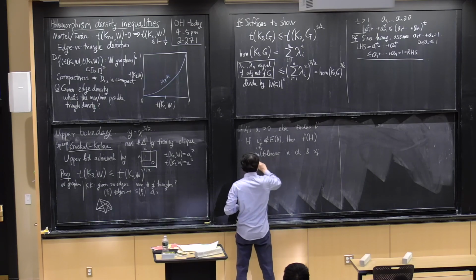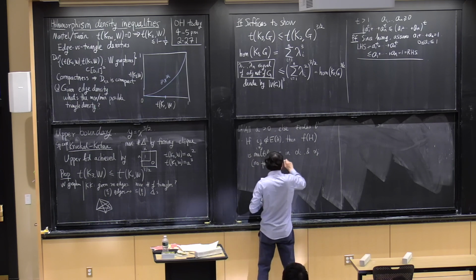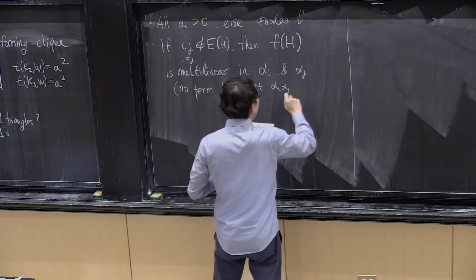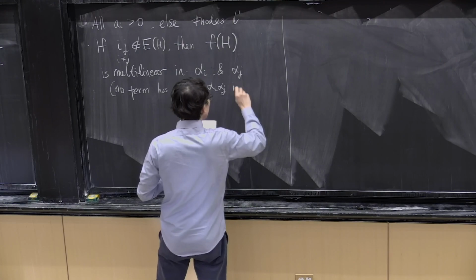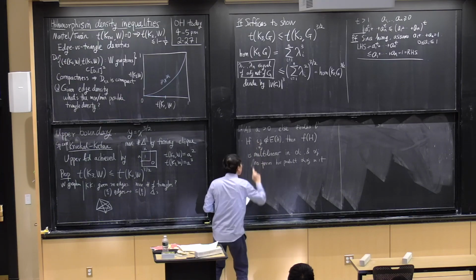So no term has the product alpha i, alpha j in it, because ij is not an edge.